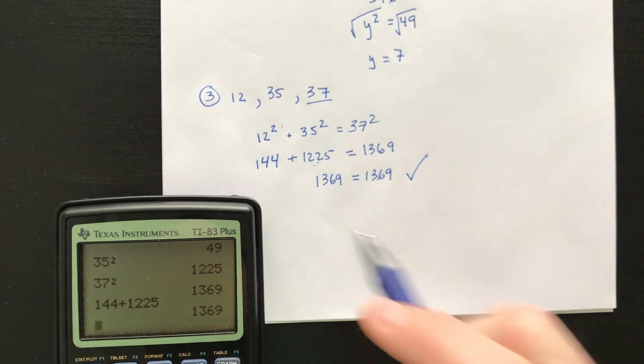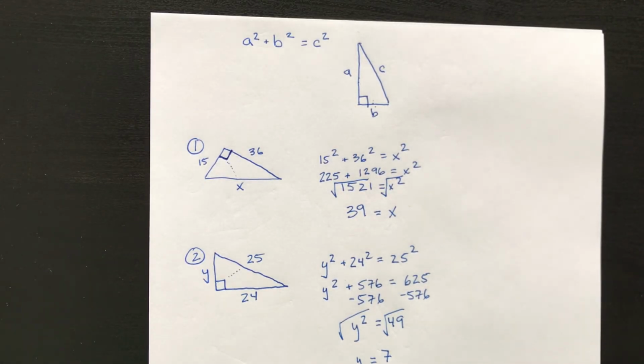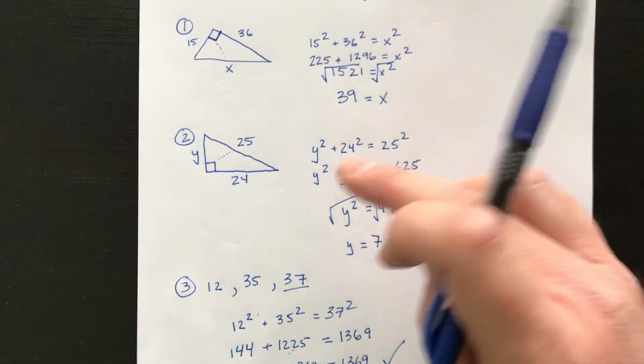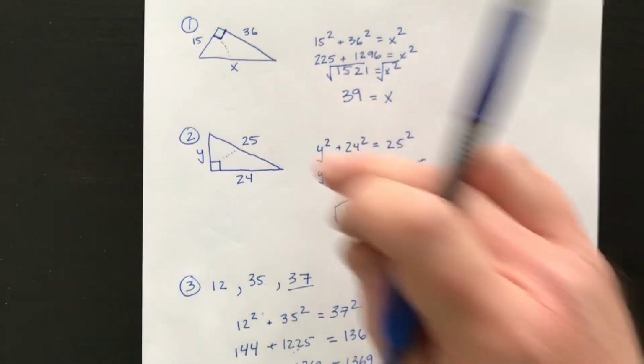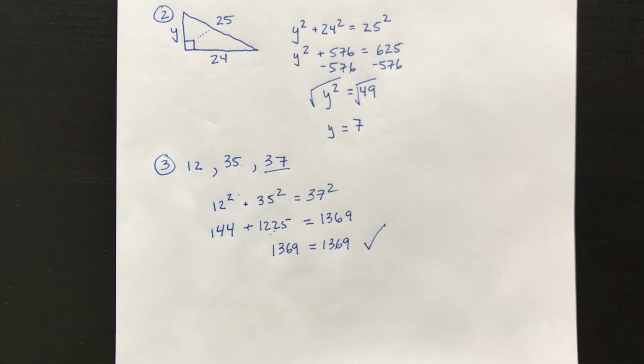And whenever you have 3 whole numbers, no decimals, so basically everything we've been doing today, we had 15, 36, 39 for this one. And then we had 7, 24, 25. And then we had 12, 35, 37. No decimals. If those 3 whole numbers work in the Pythagorean theorem, then it's called a Pythagorean triple.